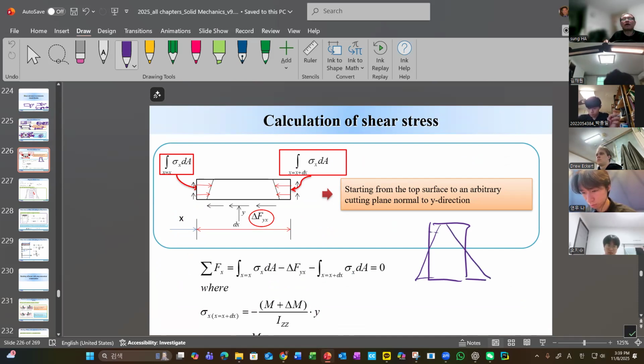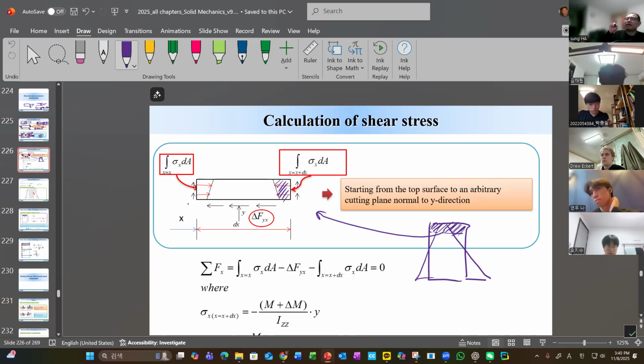Now we take a look at only this part, this guy. On the right-hand side and the left-hand side, this one is the resultant. Pay attention to only this small piece.